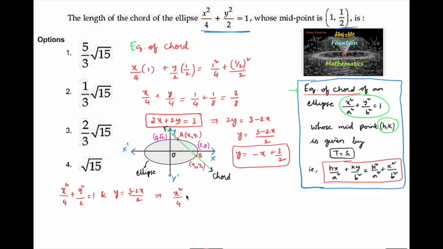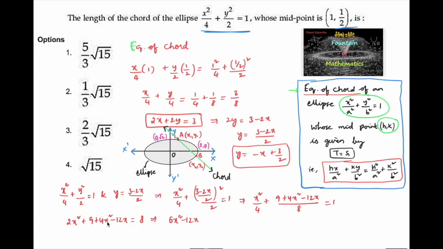So that we can write x square upon 4 plus 3 minus 2x upon 2 whole square divided by 2, which is equal to 1, and simplifying you get x square upon 4 plus 9 plus 4x square minus 12x upon 8 is equal to 1, or this can also be written 2x square plus 9 plus 4x square minus 12x is equal to 8, or we can write 6x square minus 12x, and here 9 minus 8 plus 1 is equal to 0.